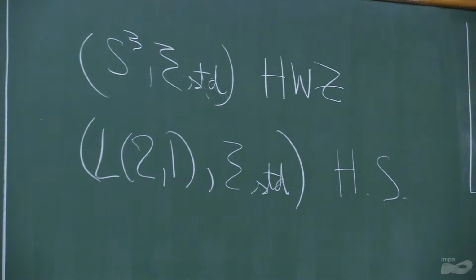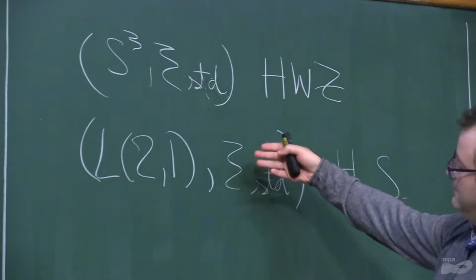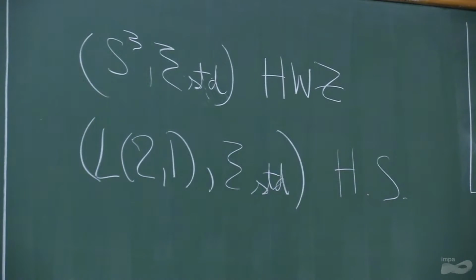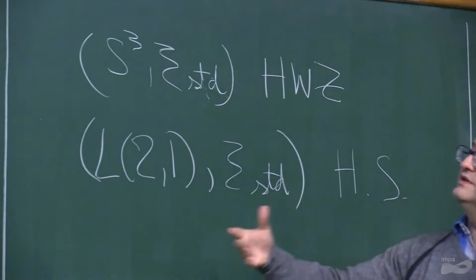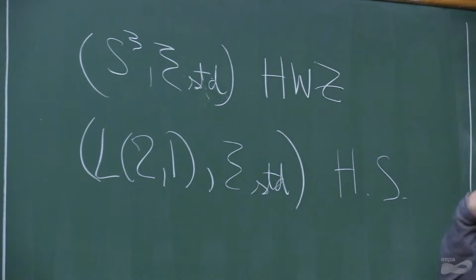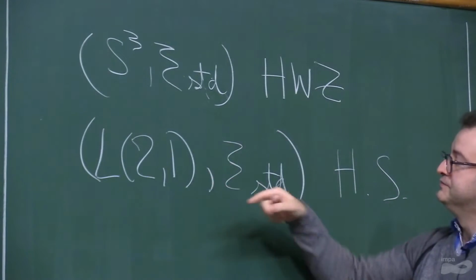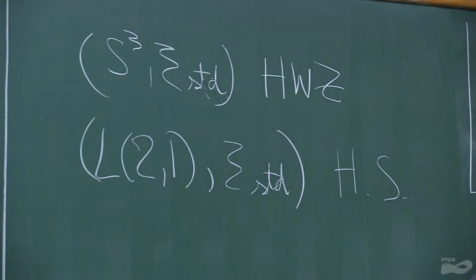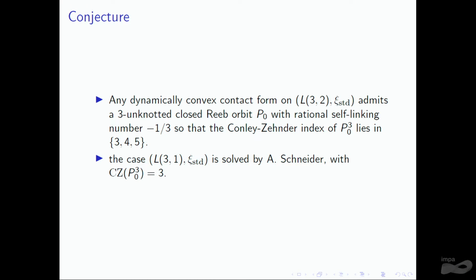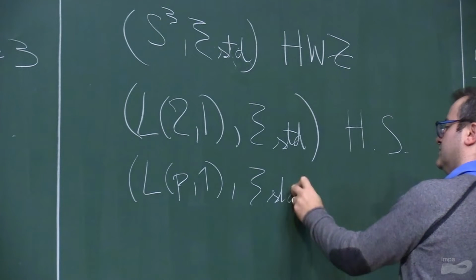So we proved that if you are given a dynamically convex contact form on this lens space here, then you have this special periodic orbit with index 3, the same as here, that it admits this periodic orbit, which is the boundary of a global surface of section. And then it was later generalized by Schneider for L(p,1), again with the standard contact structure.